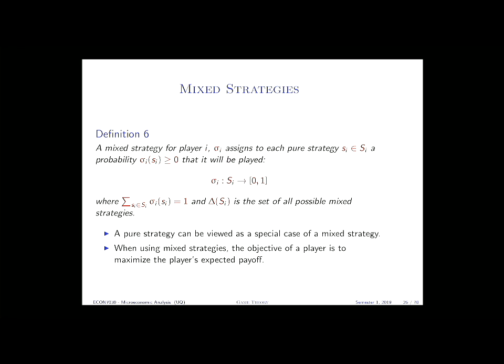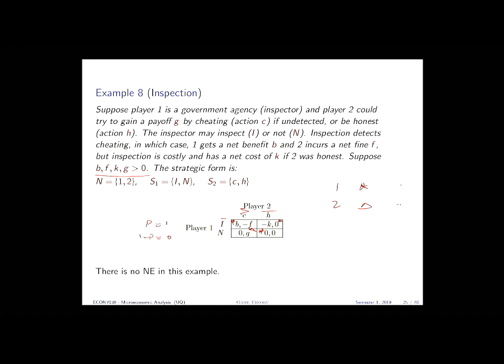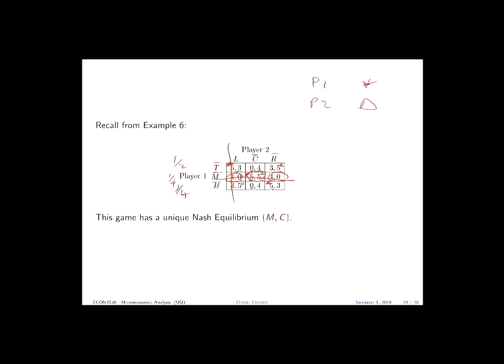And the other thing is, when using mixed strategies, the objective of a player is to maximize the player's expected payoff. Okay? So here, we no longer have the exact payoff. So, for instance, in the MC, we would simply say, because 5 is larger than 0 and 0, therefore, I'll play 5. So I want to maximize my payoff. Because when I play 5 with probability equal to 1, 0, 0 is never going to happen.